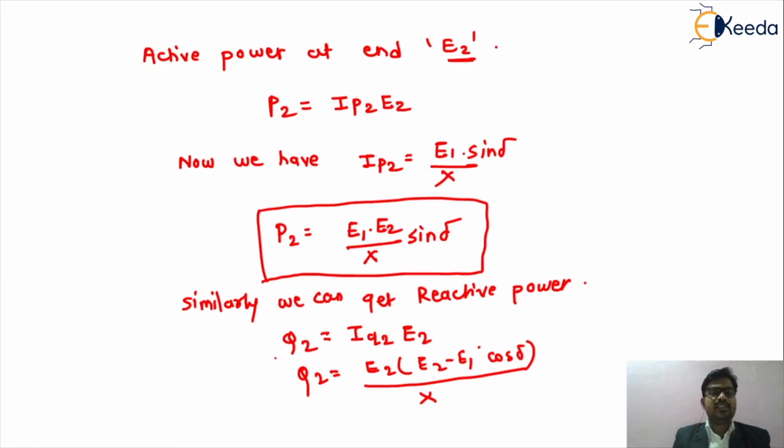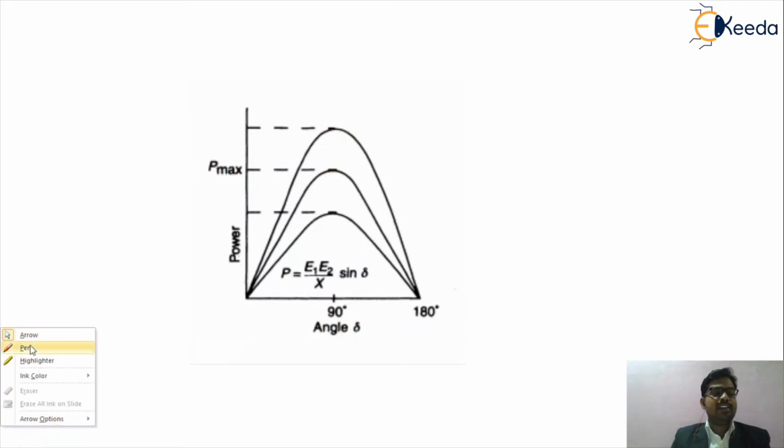So friends, from the equations of the active power at the E1 end and the E2 end, we can get a very important equation.